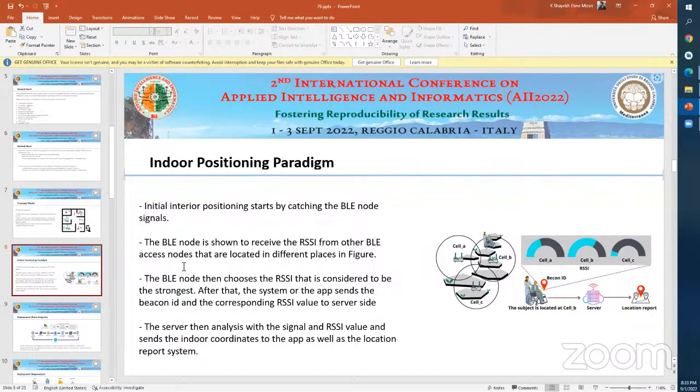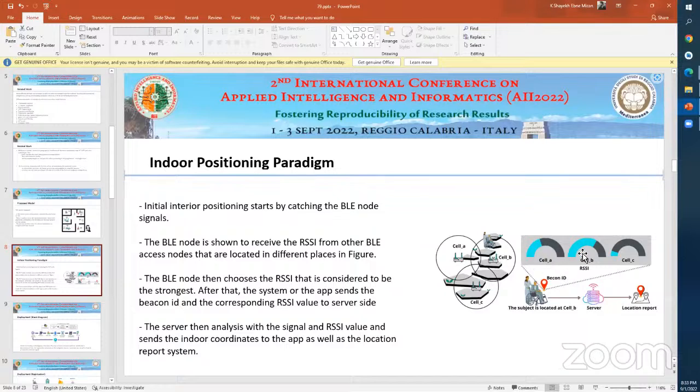In detail, the initial indoor positioning starts by catching the BLE node signals. The app catches the BLE node signals, and the BLE node is shown to receive the RSSI from other BLE access nodes located in different places in this figure. The BLE node then chooses the RSSI that is considered to be the strongest.